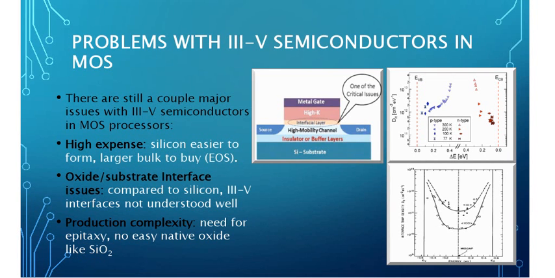These devices do not form that native oxide, or not one with the properties of silicon dioxide, which have been so good for so many years. So that makes for major problems. And even when you do post-annealing processes to improve your density of interface traps with, say, indium gallium arsenide, you still run into problems with production complexity.